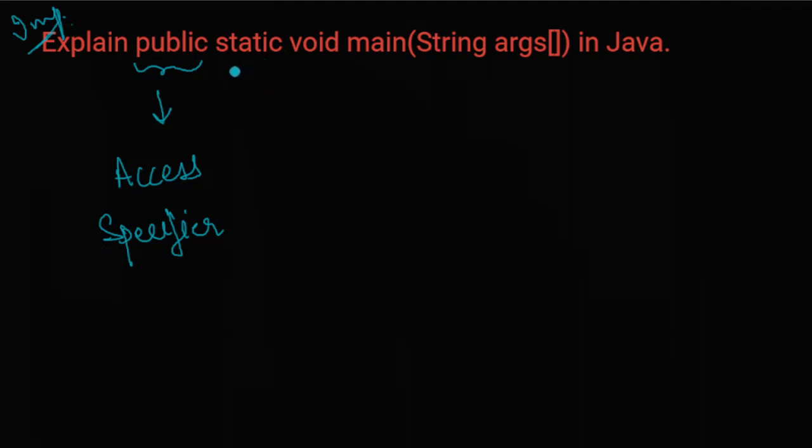Then we have static. Static is a keyword. And we have void. This is a return type.